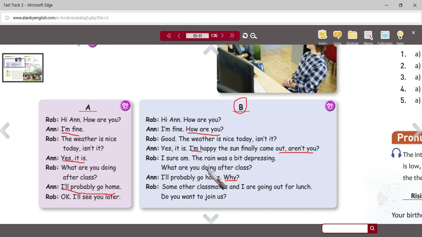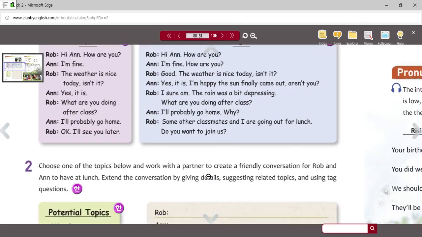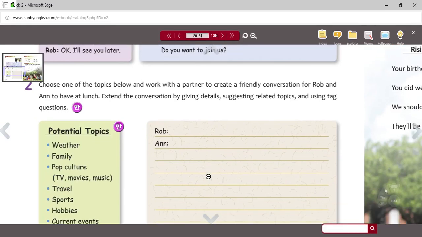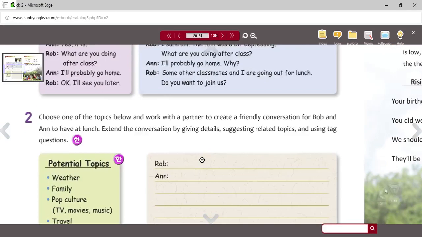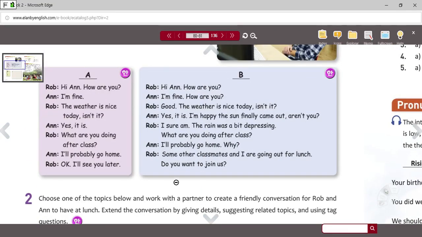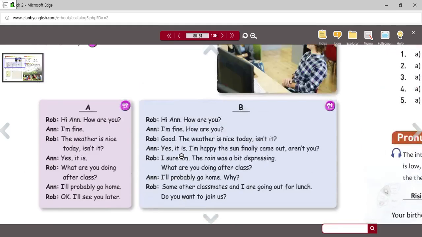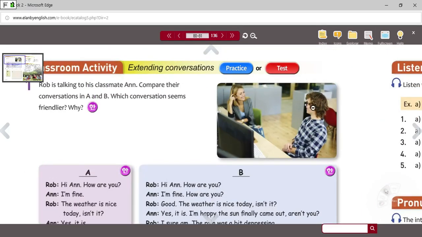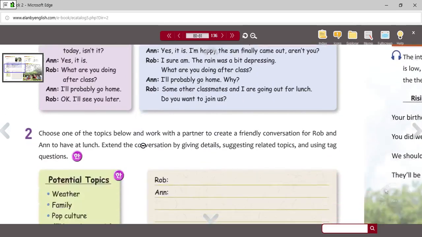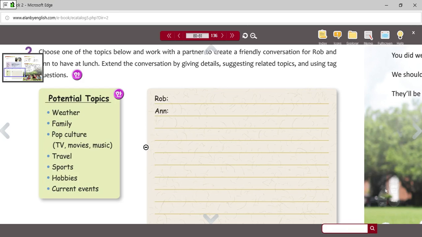Okay. So what you're going to do here is write your own conversation between Rob and Anne, and you're going to make it more friendly, much like this. You're going to have them both engaged in the conversation. Okay, maybe as a tip, you can look at these two friendly people and imagine they are good friends and want to understand more about each other.